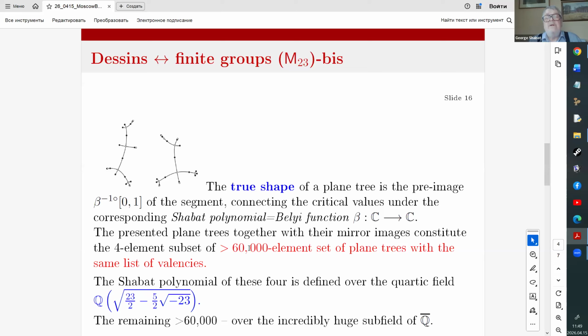So potentially the Galois orbit is of that size. But among them, something very special takes place that singles out these 4 trees. And for them, we calculate everything.